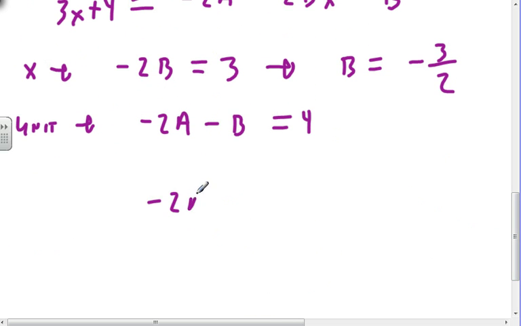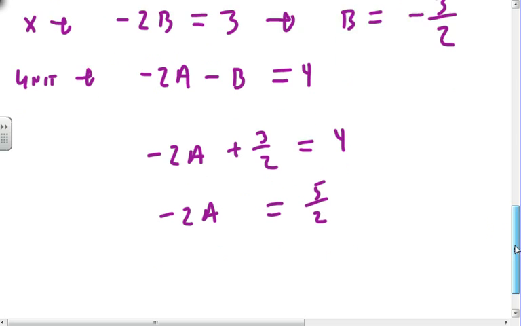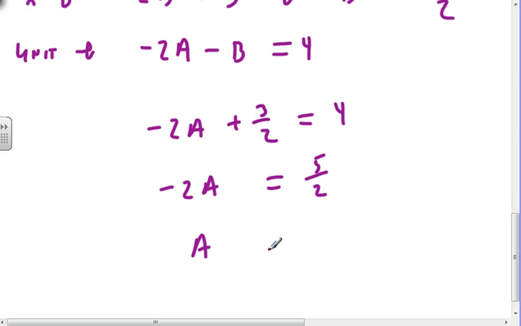Minus 2a plus 3 over 2 is equal to 4. Minus 2a is equal to 5 over 2. a is equal to minus 5 over 4.